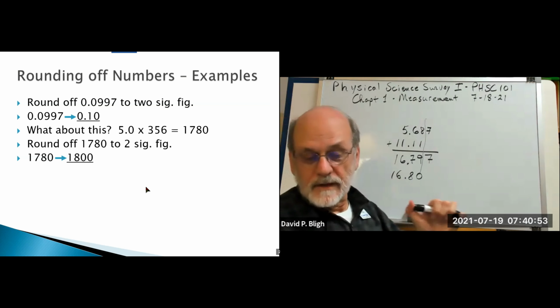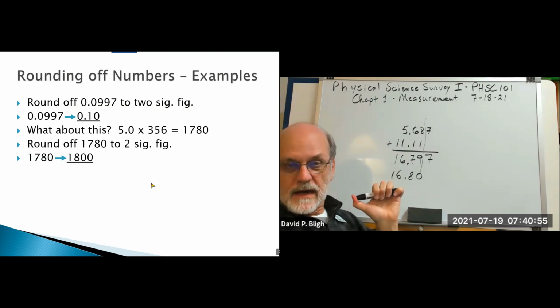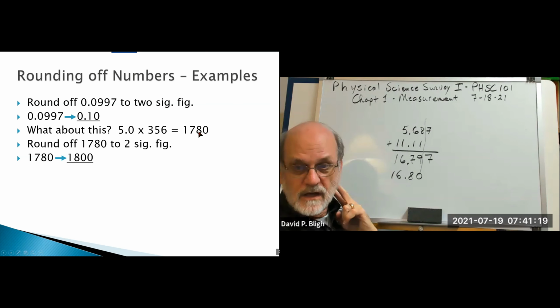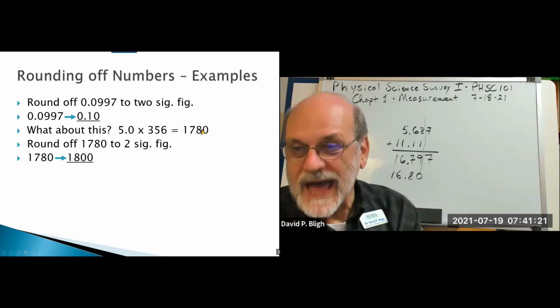All right. So here's a good example. If we multiply 5.0 times 356, we're limited to 2 significant figures based upon 5.0. We get 1780, and we have to round it to 2 significant figures, right? So we go to 7, find that it has to be rounded up to 8, but we don't throw this one out.